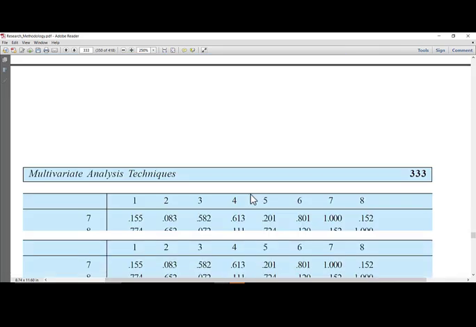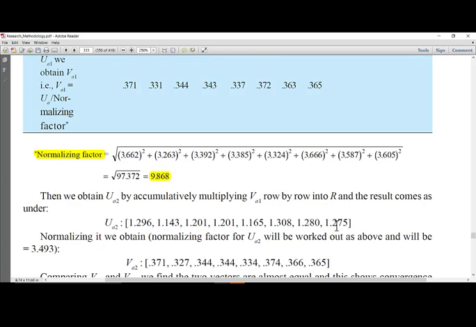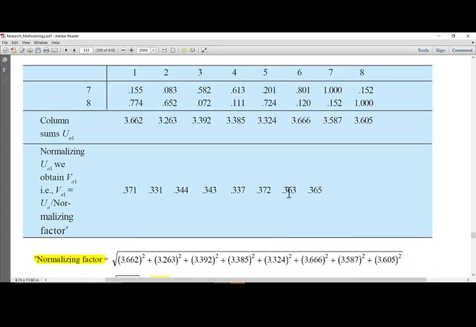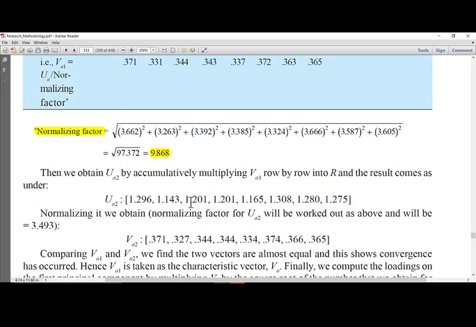By doing that exercise, we have got these UA2 values. For example, the last one, 1.275, is obtained by multiplying the VA1 values with the eighth row values and then summing up. So we now have the UA2 values.